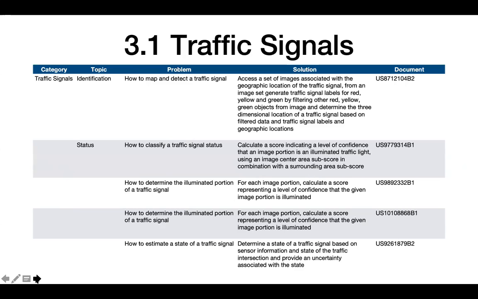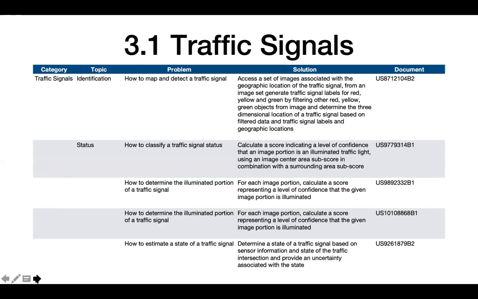The next group of them relates to the status, how to classify a traffic signal status, how to determine the illuminated portion of a traffic signal, and how to estimate a state of the traffic signal. So we have different ways of doing that. We can calculate a score indicating a level of confidence of whether it's red, yellow, or green.